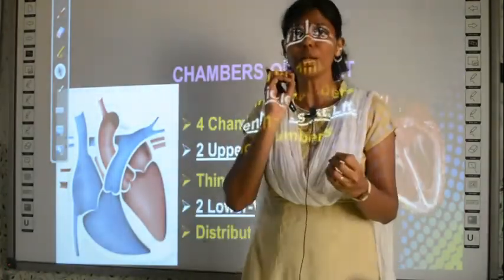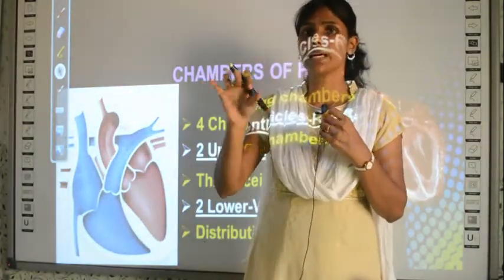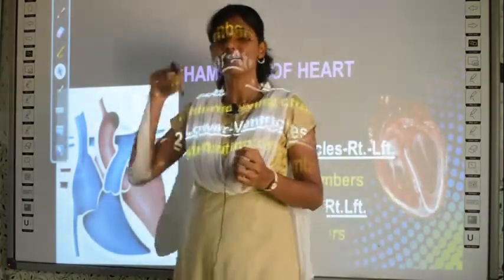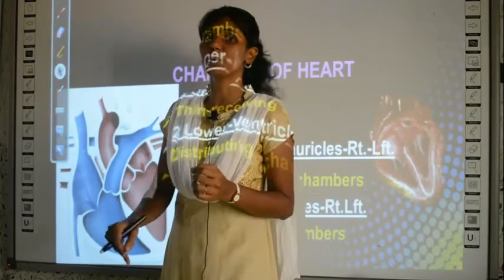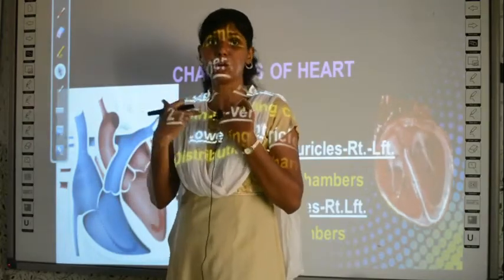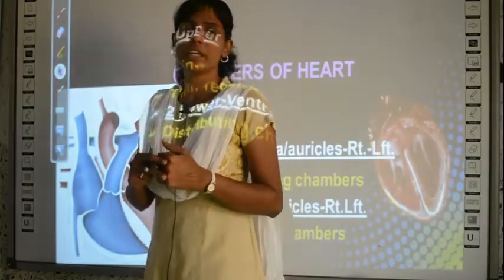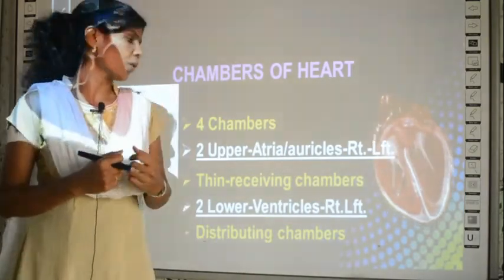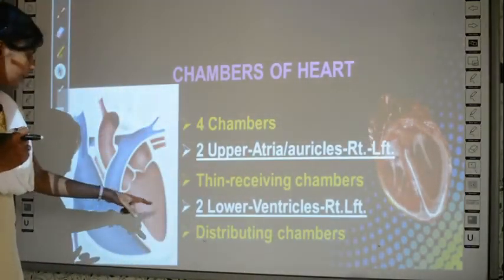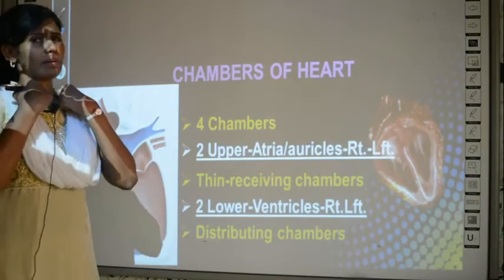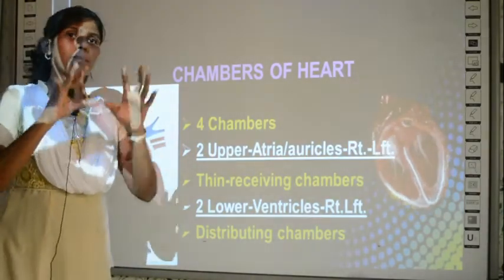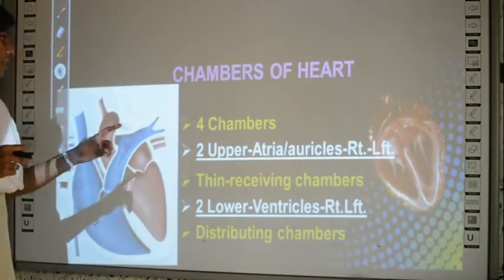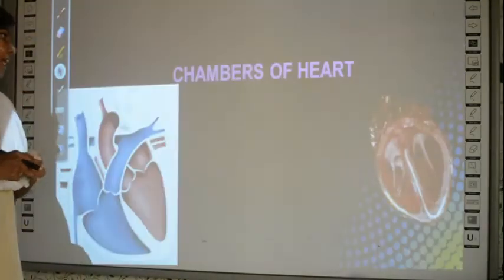For example, when your heart pumps the blood out, it should have so much pressure that it can reach even your toe, till your feet. It should reach from your chest region till the feet. So the heart's ventricles have a very thick wall. I told you these 2 are thin, right? These are very thick, so that with very high pressure they will pump the blood out so that it will reach every part of your body. This is about the chambers of the heart.